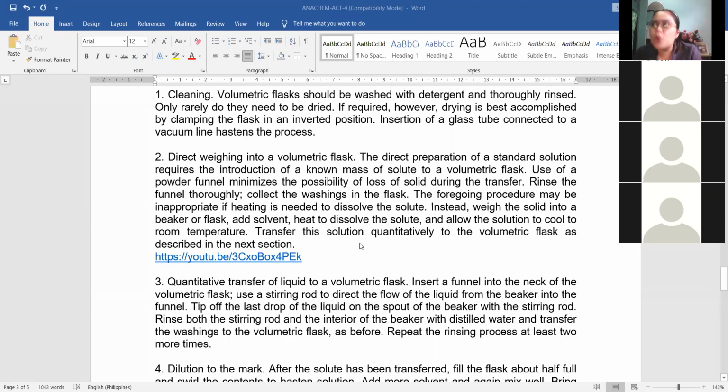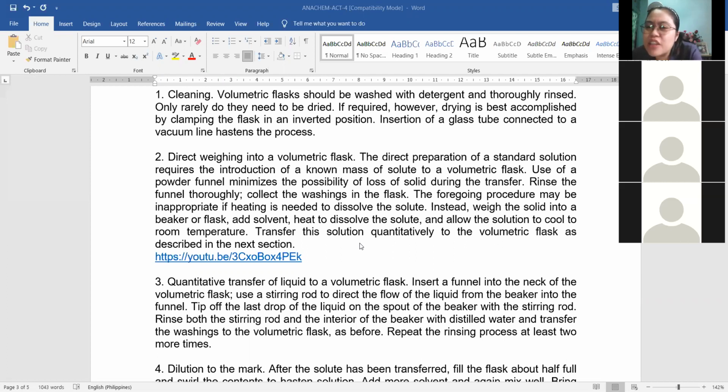Pwede siyang, kung gusto mo gumawa ng solution na magdi-dissolve ka ng solid and then lalagyan mo siya ng water, you can do direct weighing into the volumetric flask wherein ilalagay natin sa balance yung ating volumetric flask and ipapasok natin ang solid doon.